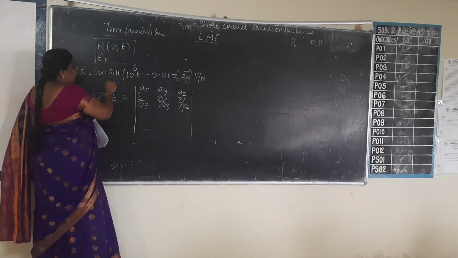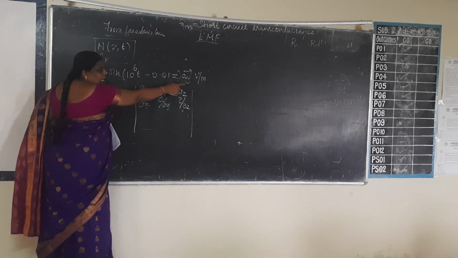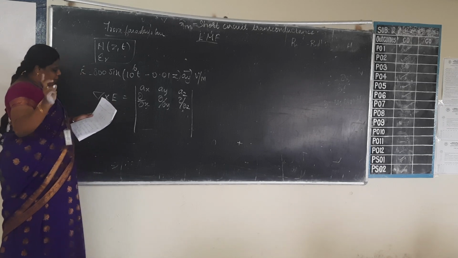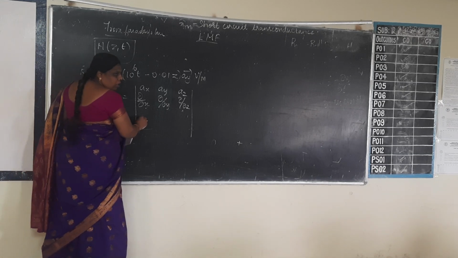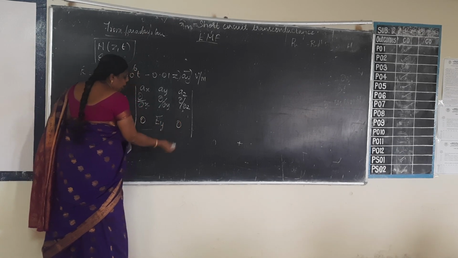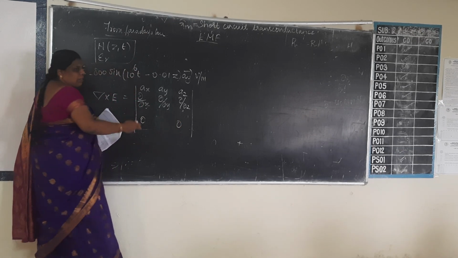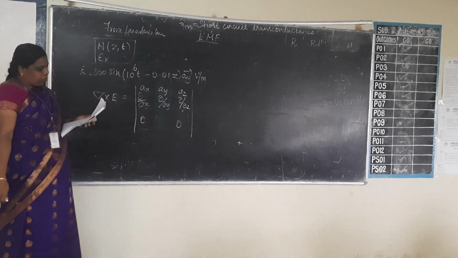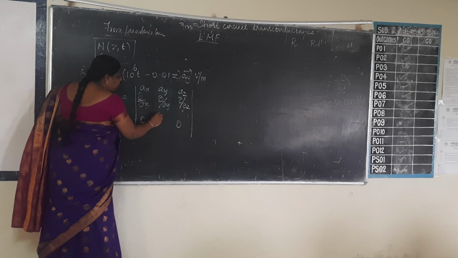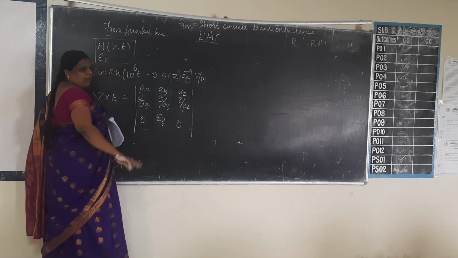E is having a component of only Ey. So what about other terms? They become 0. Then I can replace it by the term Ey and we simplify.